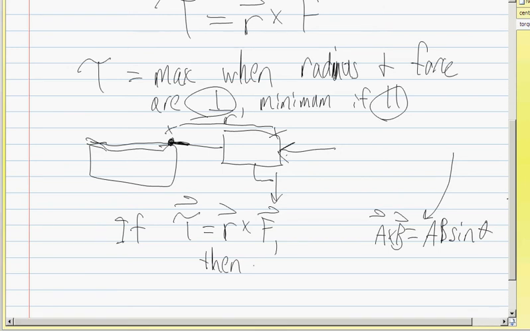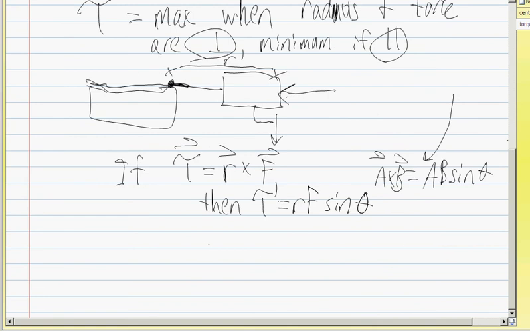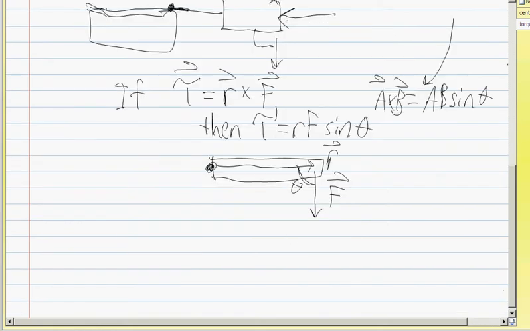Same thing is true here, that this is going to be RF sine theta, where this is the angle between them. So if I have, let's say, this is the pivot point, if this is the radius, and this is the force, then theta is going to be the angle between those.